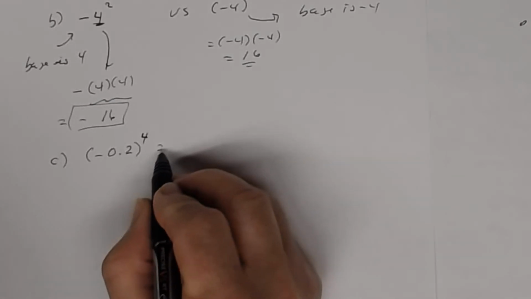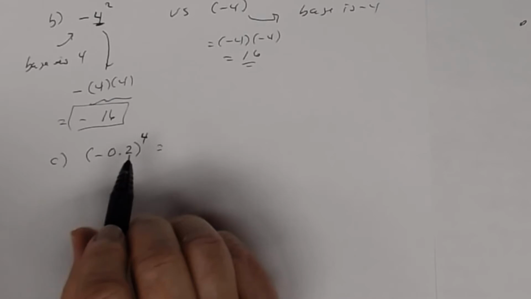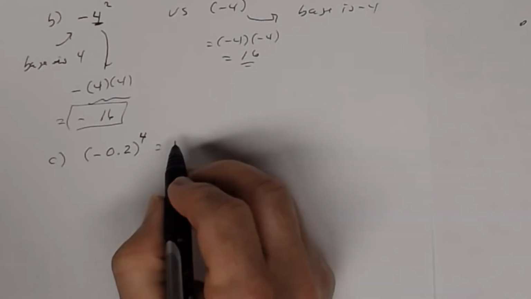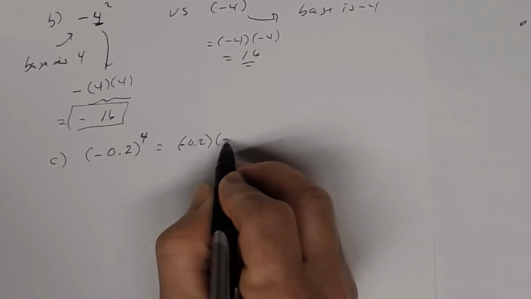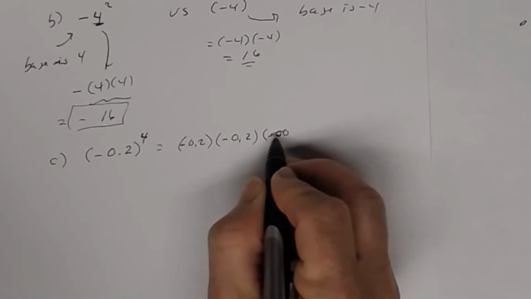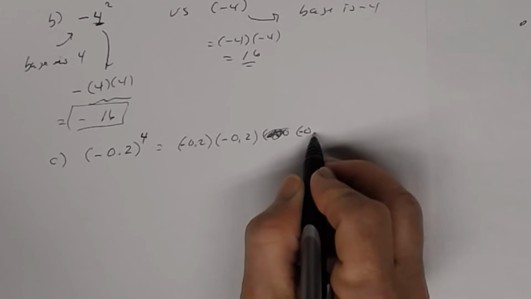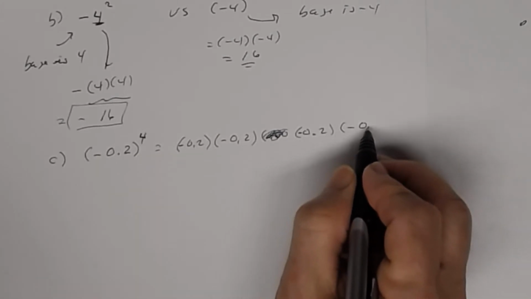And so the base is negative 0.2. I want you to remember we just talked about a negative number raised to an even power better be positive. So when we look at this, negative 0.2 times negative 0.2 times negative 0.2 times negative 0.2, and that's 4 times. 1, 2, 3, and one more.